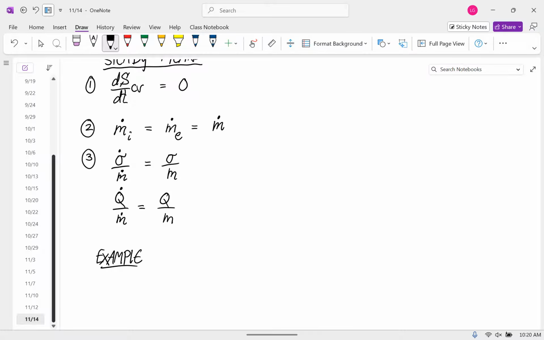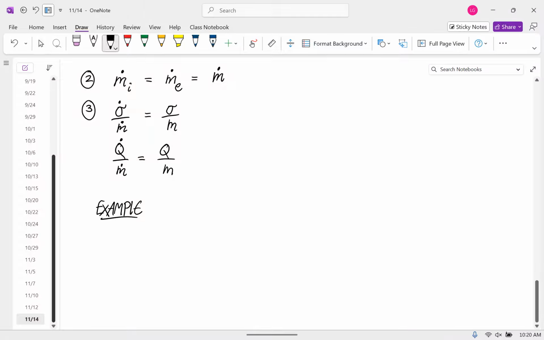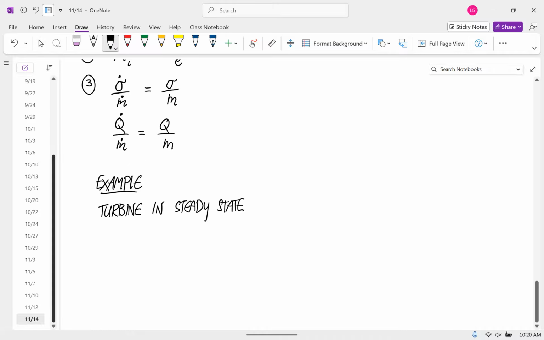The first one says we have a turbine in steady state. Steam enters. This is steam, so we know we're talking about water.